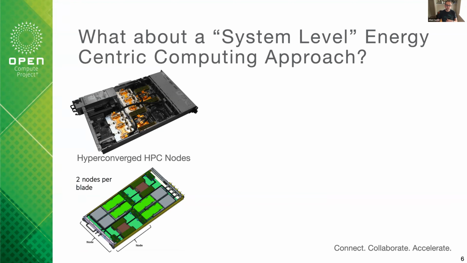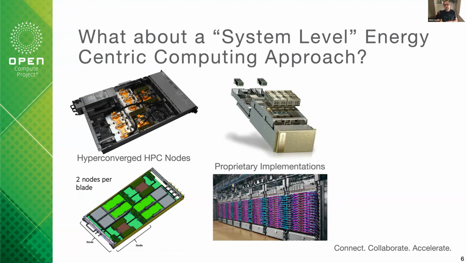Again, we're going heterogeneous. I was going to say proprietary. We've got the HGX from NVIDIA, and I've just heard that they're opening that up, so that's great news. Another good example is Google's TPU for AI machine learning applications. Very, very custom.